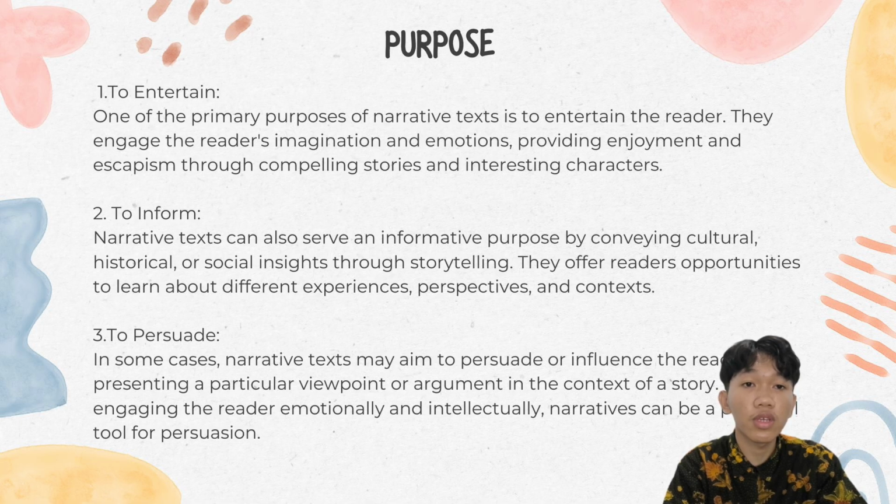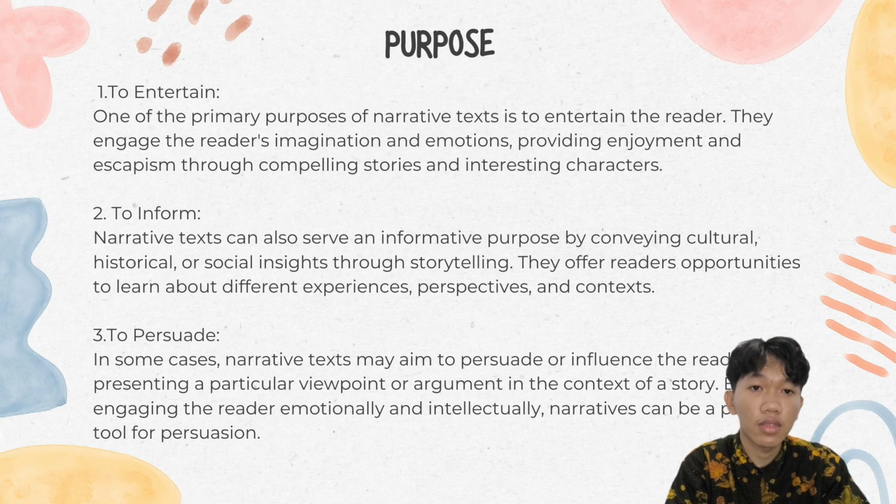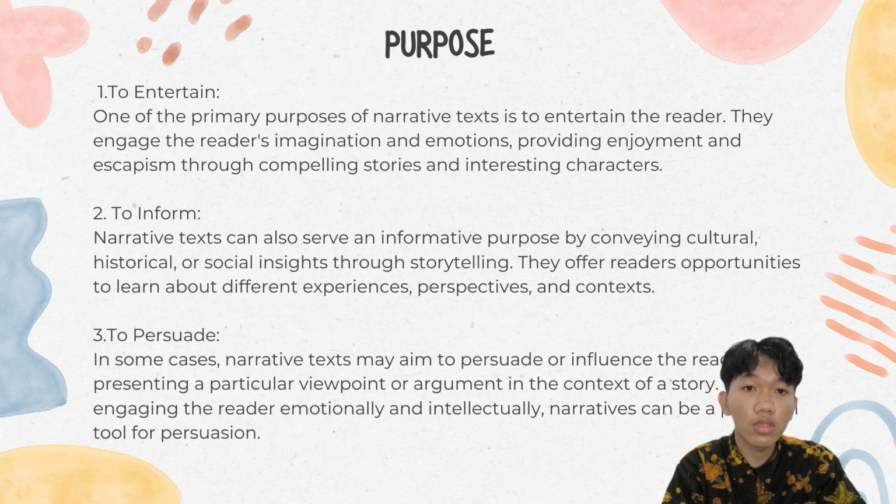Two is to inform. Narrative text can also serve an informative purpose by conveying historical or social insight through storytelling. They offer readers opportunities to learn about different experiences, perspectives, and contexts. Three is to persuade.